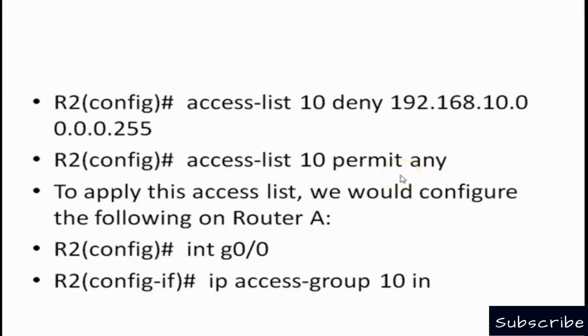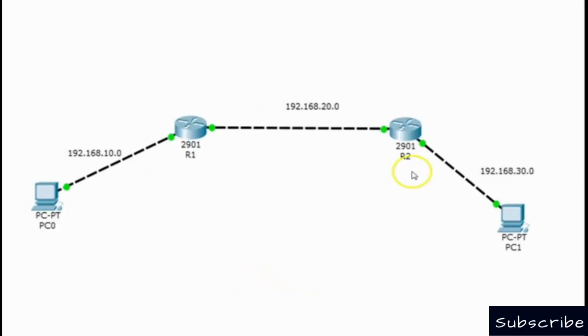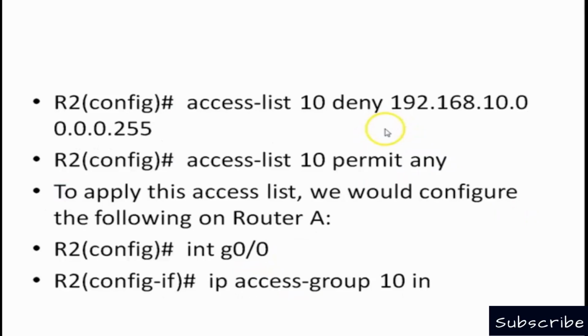Now how do we apply this access list? You need to go to an interface, that is interface G0/0, over here. On that interface you write ip access-group 10, where 10 is the access list number, applied on inbound traffic.